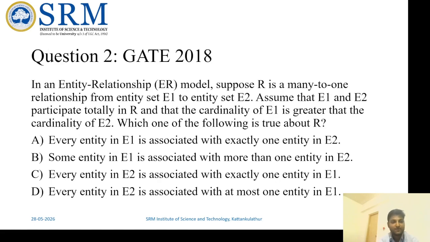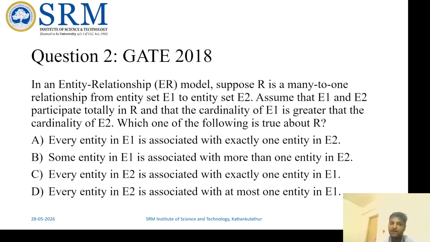Now we go to question number 2. It is a question from 2018, and you have to read the question very carefully in GATE. In an entity relationship ER model, suppose R is a many to one relationship from entity set E1 to entity set E2.